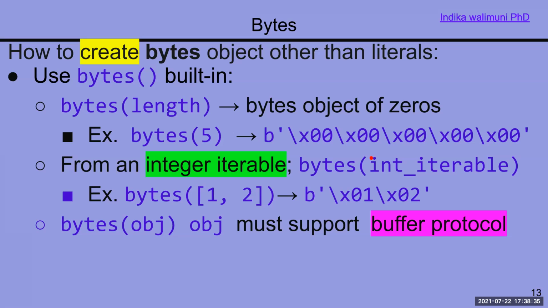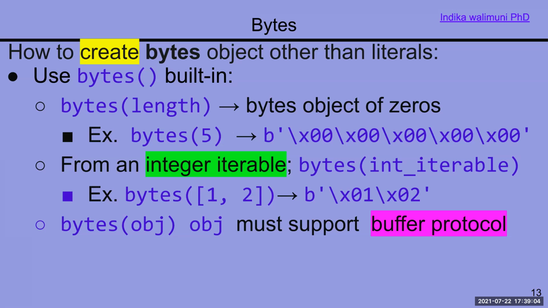It could be a list of integers, or a range. Down here we are passing a list of two numbers, 1 and 2, and we get this. That's one way of creating a bytes object.